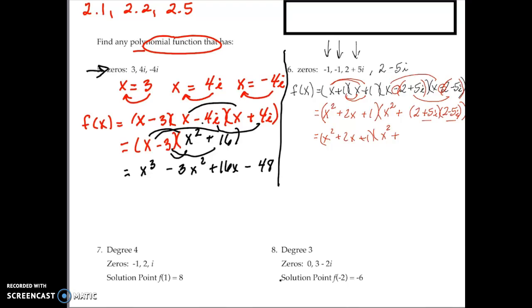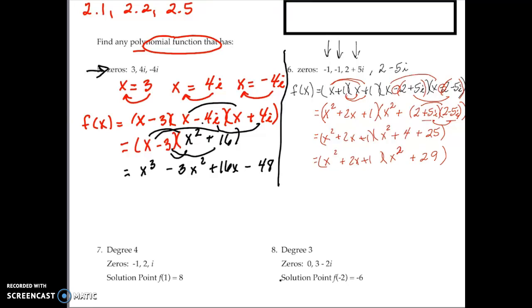And so I'll multiply 2 times 2 is 4, the outside and the inside will cancel, and 5i times negative 5i is negative 25i squared, or plus 25. So we have our trinomial that we've been bringing down, and now x squared plus 29.